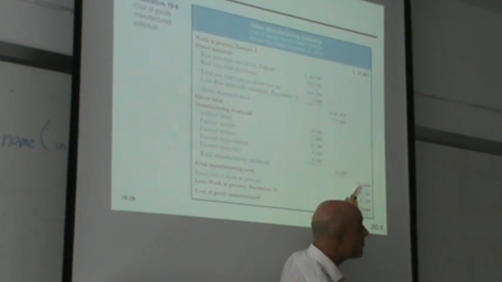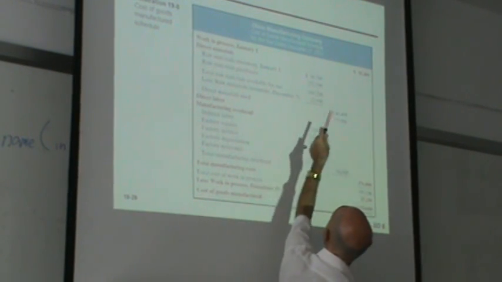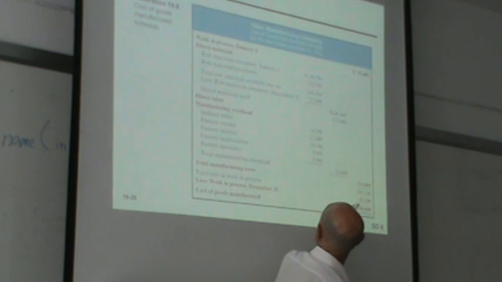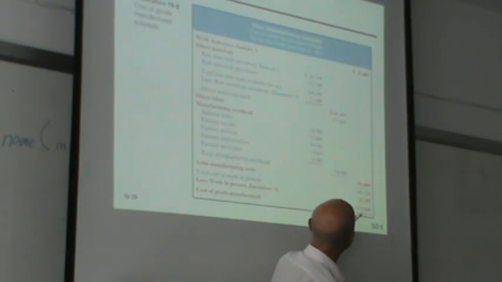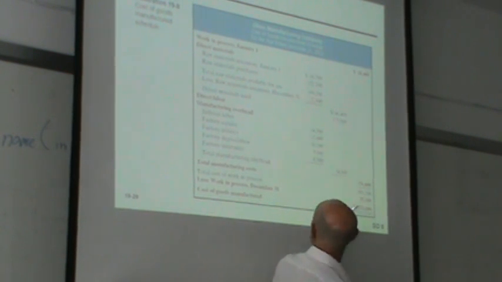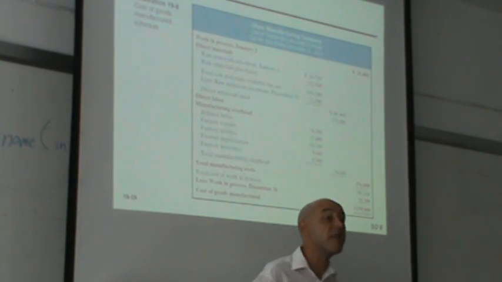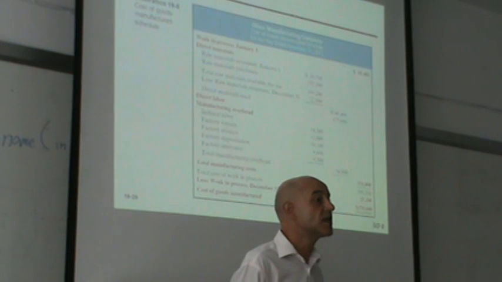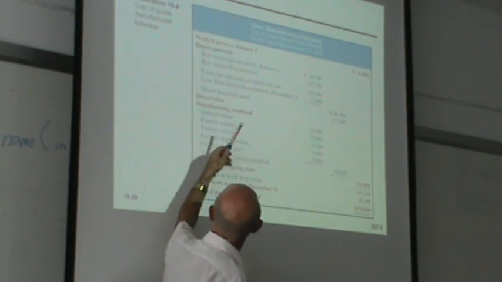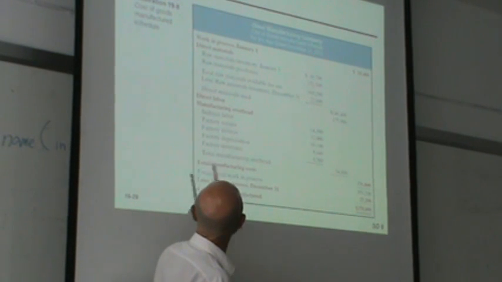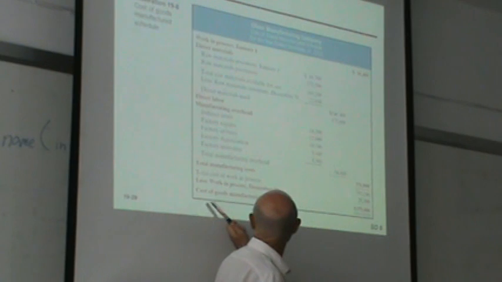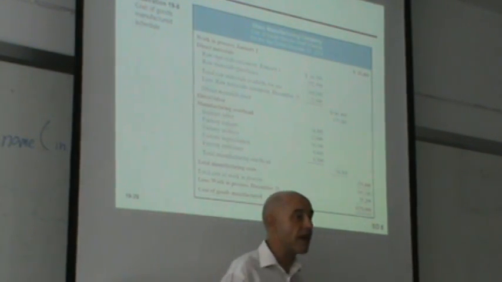And after the total manufacturing cost, you use the work in process on January 1, and you get the final cost of goods manufactured. Okay? So, you got like a 3-step process. Number 1, get the direct materials. Number 2, get the manufacturing cost. And number 3, get the cost of goods manufactured.